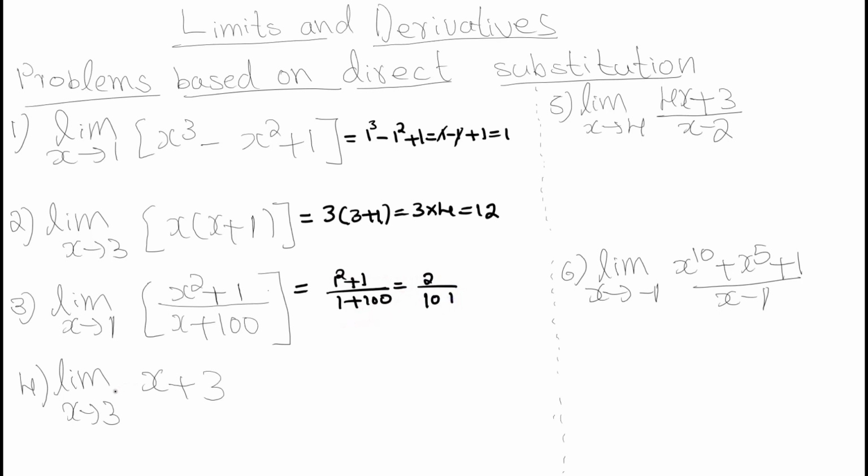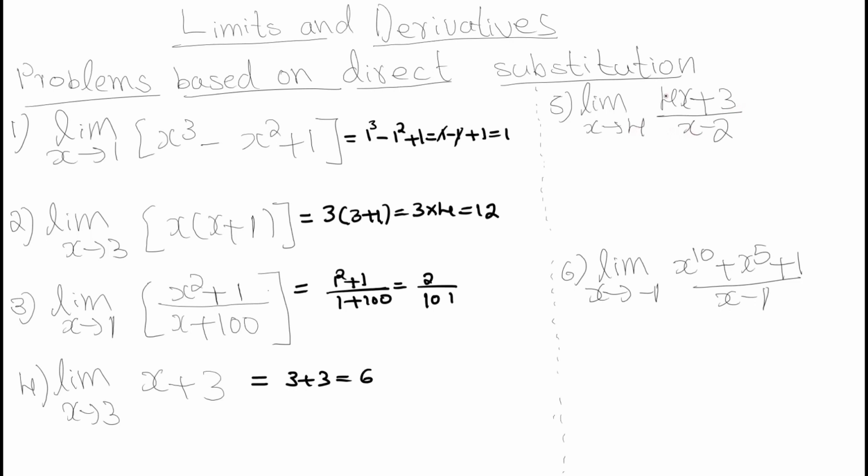Okay. Next is limit x tending to 3 of x plus 3. In this case, take x equal to 3, so I can take 3 plus 3, its value is equal to 6. Next, limit x tending to 4 of 4x plus 3 divided by x minus 2.